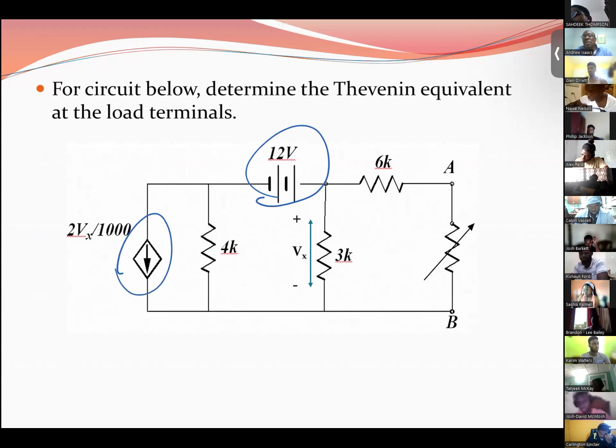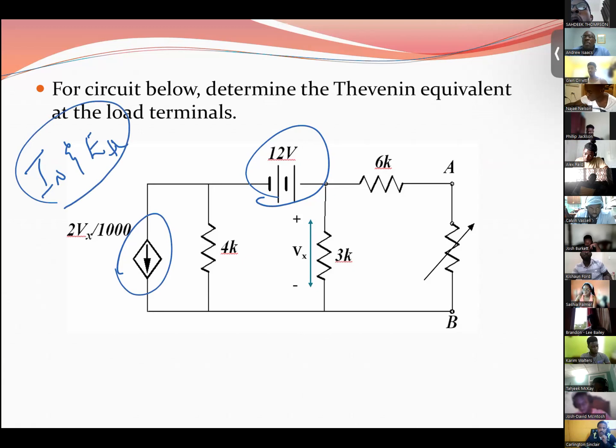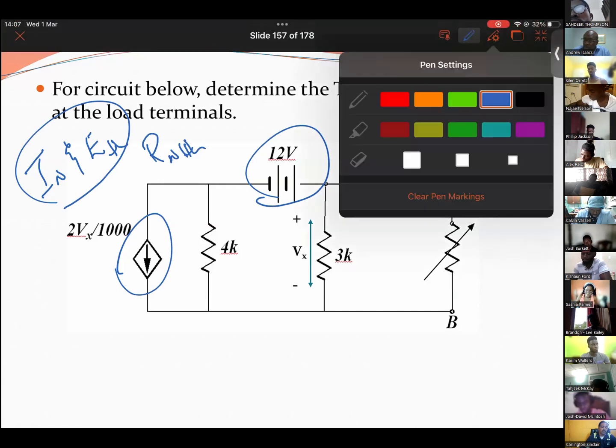Once you have that combination, it means that you must find your I Norton and your E Thevenin. All right? Because that's the only way you're going to find R Norton or R Thevenin. All right? So let's go.